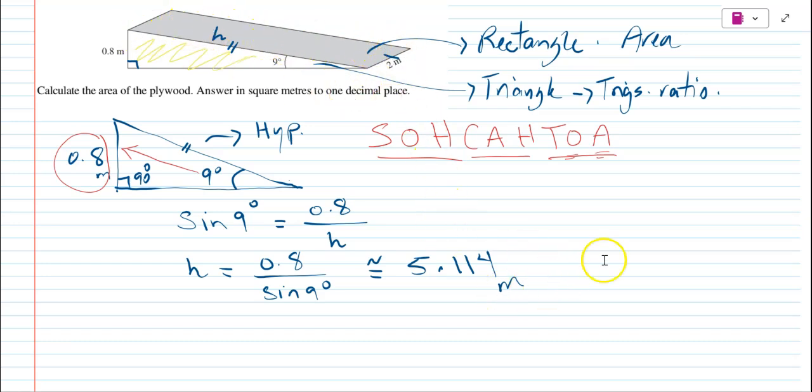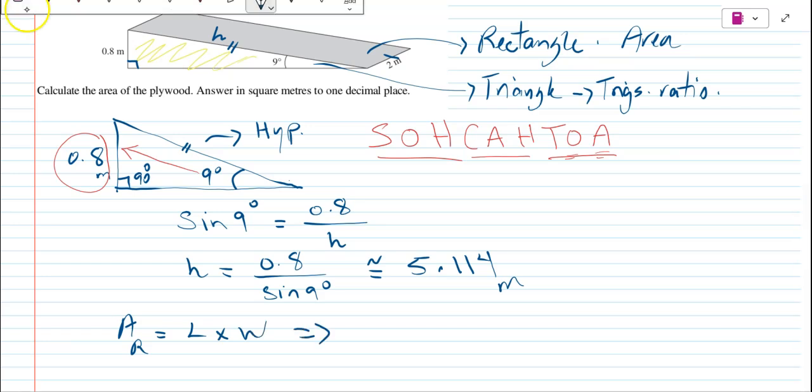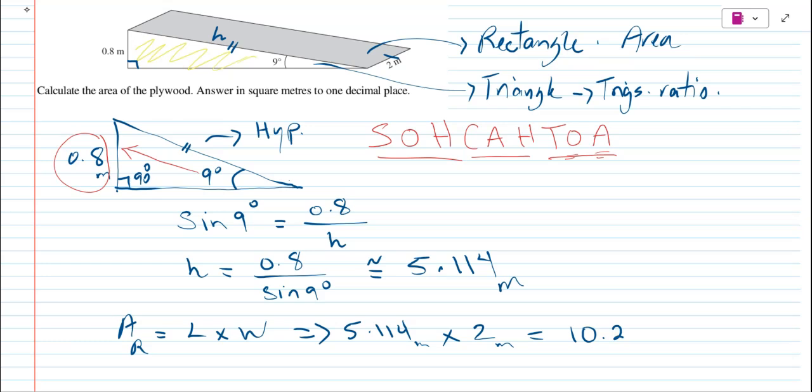All right, now that we have h, which is the length of that, we're going to use the rectangle area. The area of a rectangle is equal to length times width. Well, that's just too easy now. Length is 5.114 times 2 meters, and when you do the math you get 10.228 square meters.